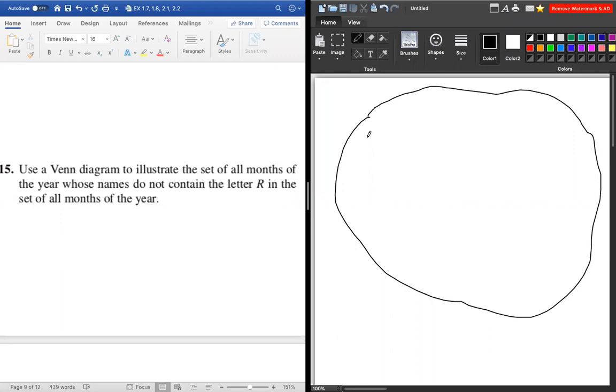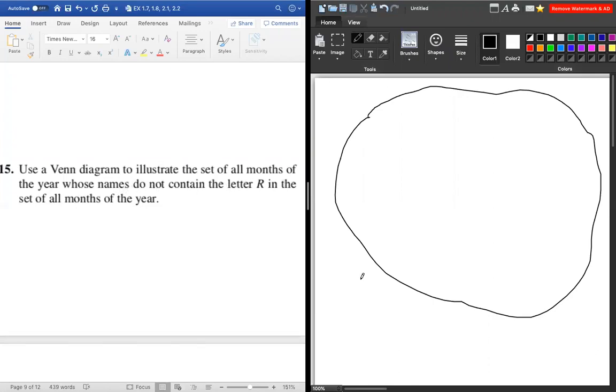Inside the set, what we will do is basically illustrate the set of all months of the year whose name does not contain the letter R in the set of all months of the year. If you read this statement clearly, it's first asking us to illustrate the set of all months of the year whose name does not contain the letter R.